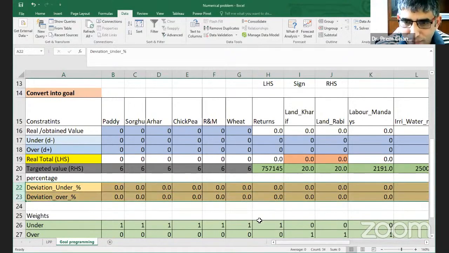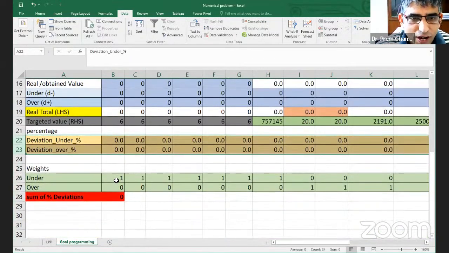So I have computed deviations. Four steps are over. My next step is ranking or weighting the goals.